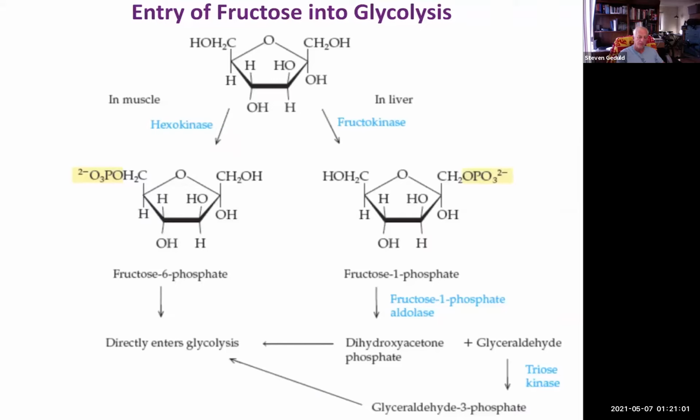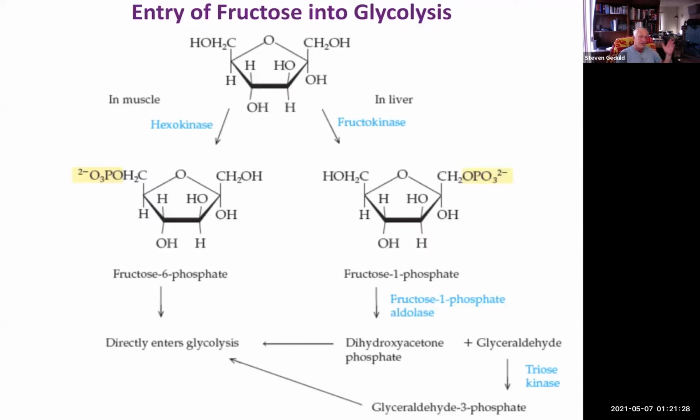Then we use fructose 1-phosphate aldolase to form dihydroxyacetone phosphate, which enters directly into glycolysis. Then the glyceraldehyde formed reacts with triose kinase and forms glyceraldehyde 3-phosphate, which again enters directly into glycolysis. It just enters at the different steps where that substrate is used.